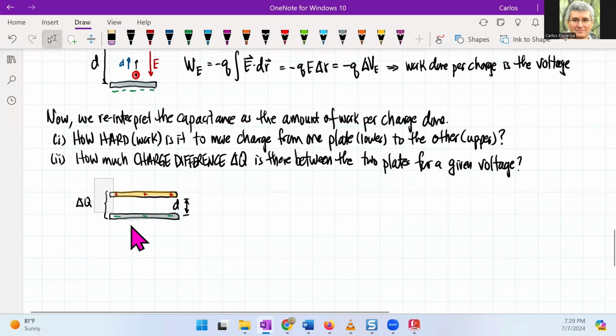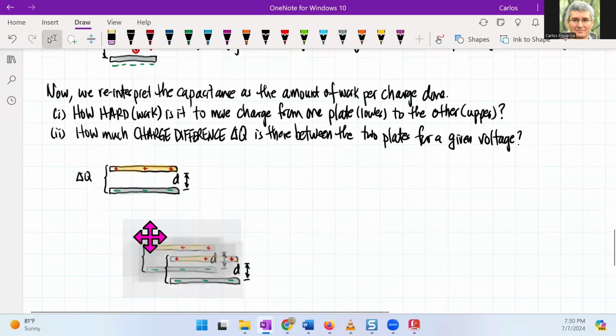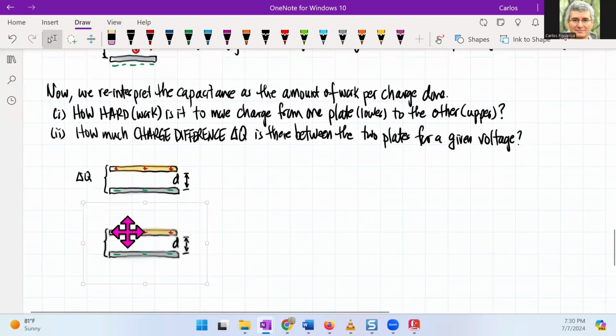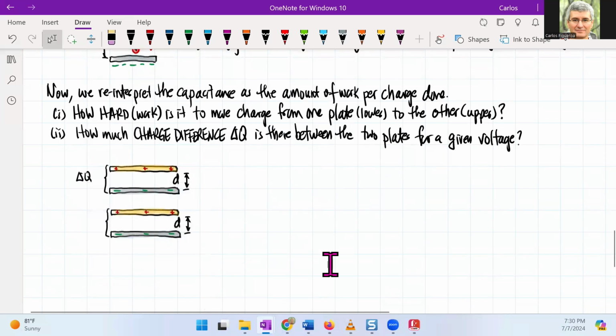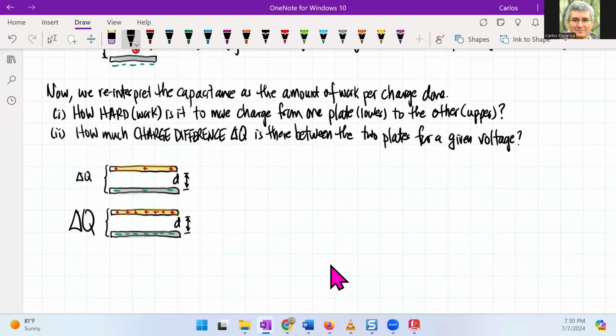What I'd like to do is copy the exact same thing, and place it here now. But now what I'm going to do is separate the charges. But no, I'm not going to separate the charges. I'm going to add more charge here. So when I look at this guy, this one has a bigger charge.